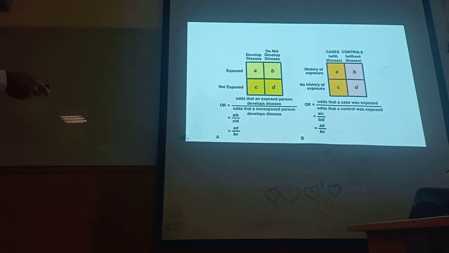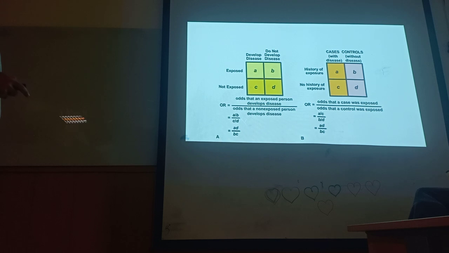If you want to calculate odds ratio, it's enough to find A cell. A cell is where cases and exposure, disease and exposure is. So A is where people are exposed and people developed disease. People are cases, which means that they have disease, and people are exposed.